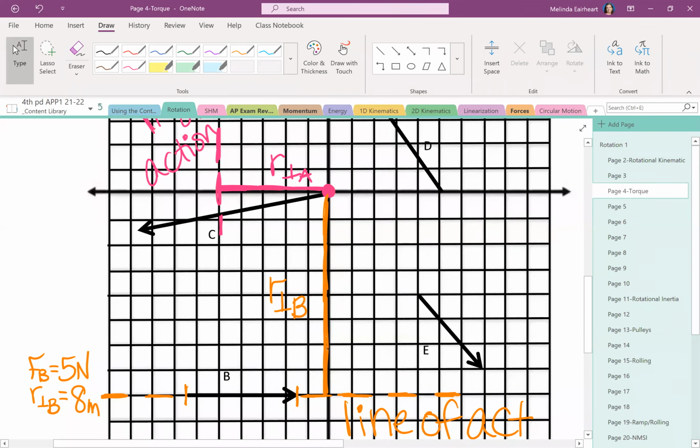What's unique about C? The force of C is hard to count, so I'm just going to say big. The lever arm for C is the easiest on the whole entire page. Line of action, well, it goes straight through your axis. So if you push at the hinge, what's your lever arm? 0.